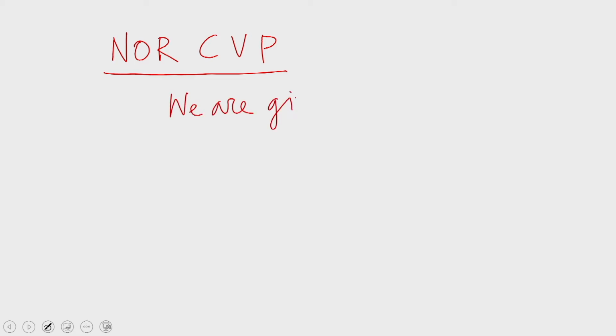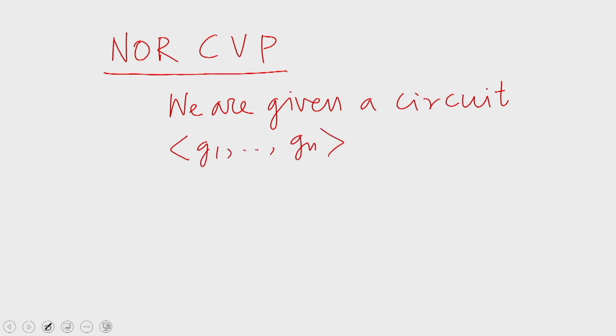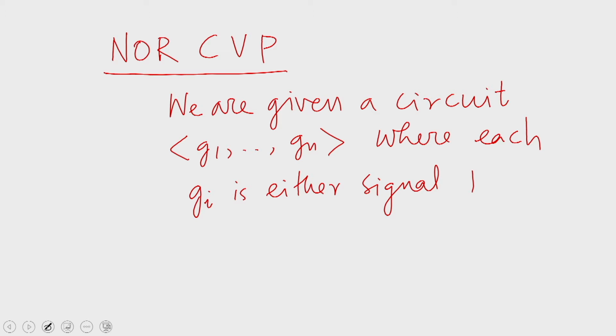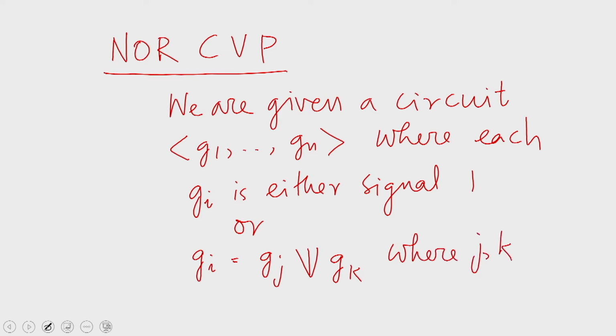Now, what is NOR CVP? NOR CVP is a variant of CVP. So, in this case, we are given a circuit as in CVP. The circuit consists of a sequence of gates where each G_i is either signal 1, mind you, G_i is not allowed to have a value of 0, or G_i is G_j NOR G_k, where j and k are less than i.